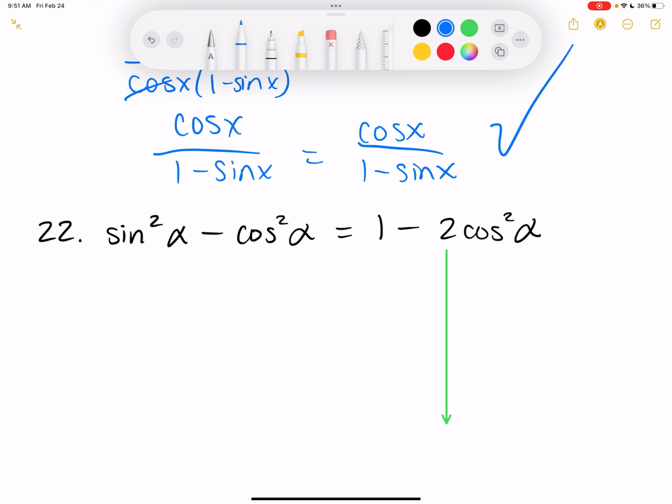You're going to have to rewrite something, because there's a sine on the left and there's no sine on the right. So what if sine squared we can rewrite as 1 minus cosine squared? Bingo. 1 minus cosine squared of alpha minus cosine squared of alpha, which is then 1 minus 2 cosine squared of alpha.